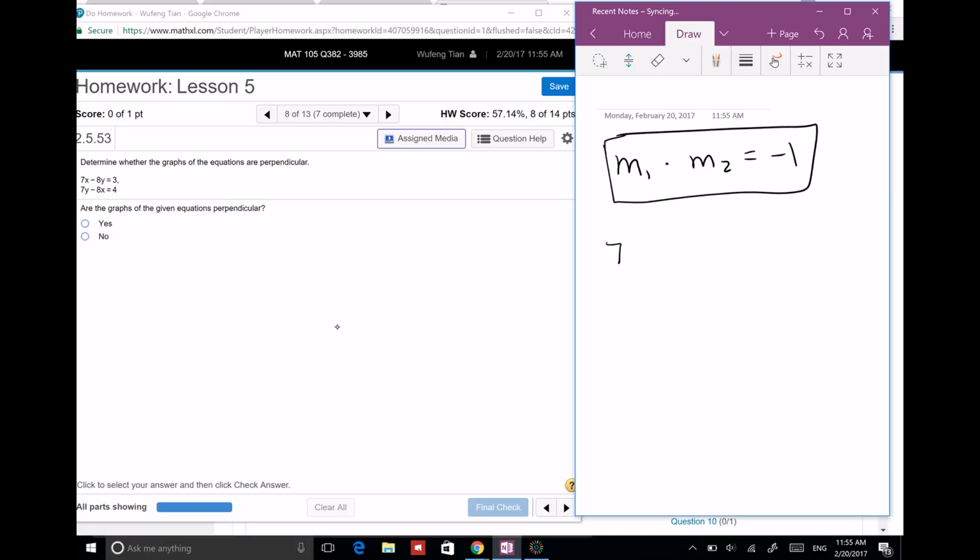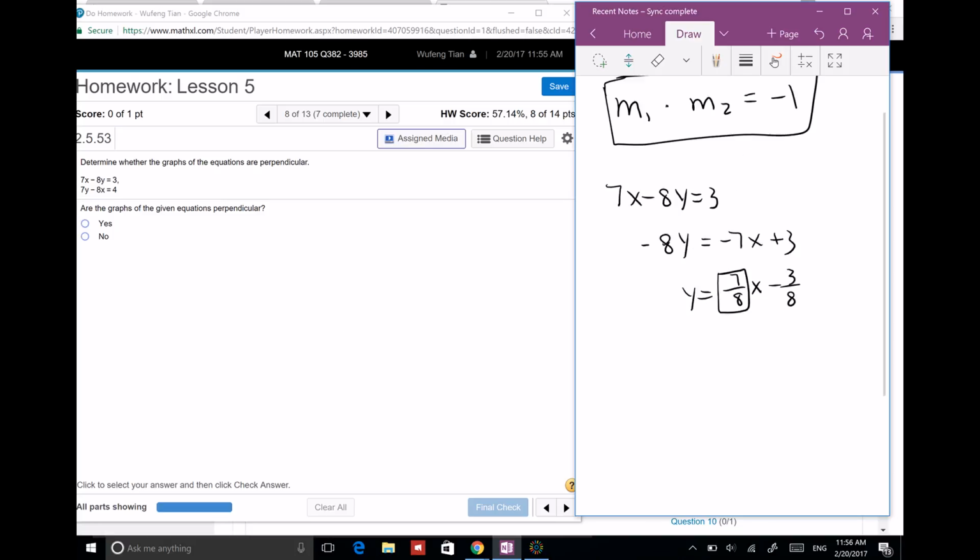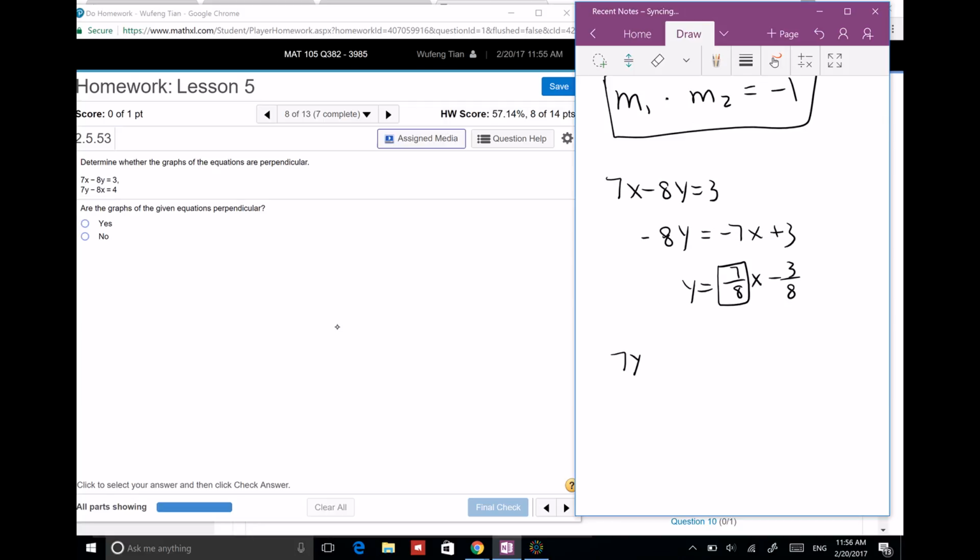So first one, 7x minus 8y equals 3. I solve this: negative 8y equals negative 7x plus 3, so y equals 7 over 8 x minus 3 over 8. The slope is 7 over 8. The second one, 7y minus 8x equals 4, so 7y equals 8x plus 4, and y equals 8 over 7 x plus 4 over 7.